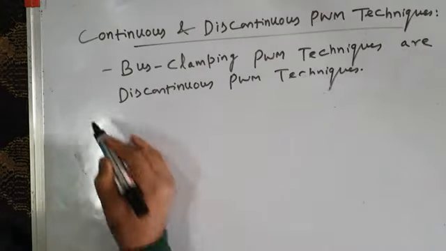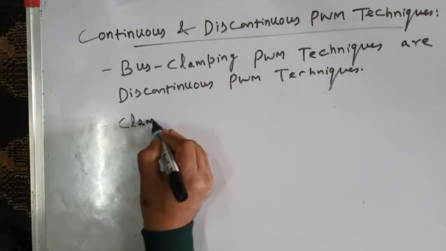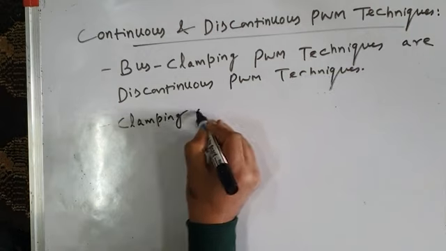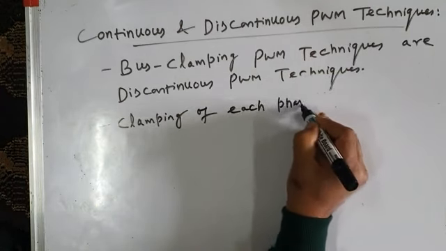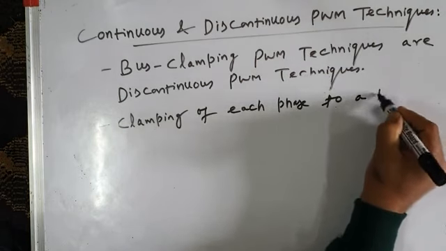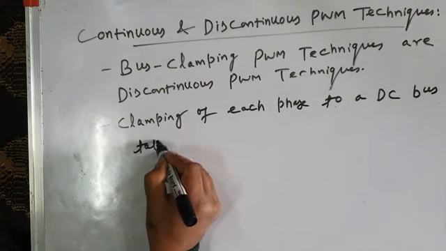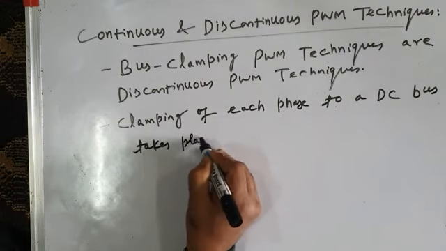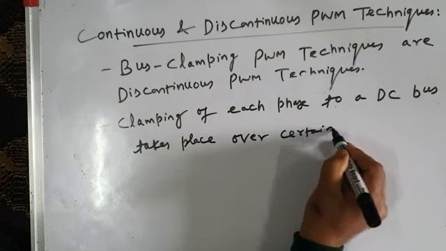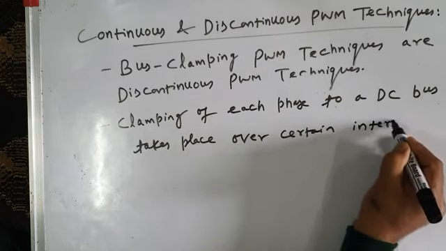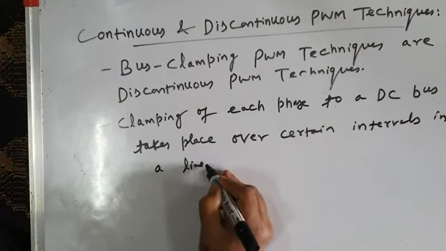So one point you have to write here: clamping of each phase leg, or clamping of each phase to a DC bus, takes place over certain intervals of time or over certain intervals in a line cycle.